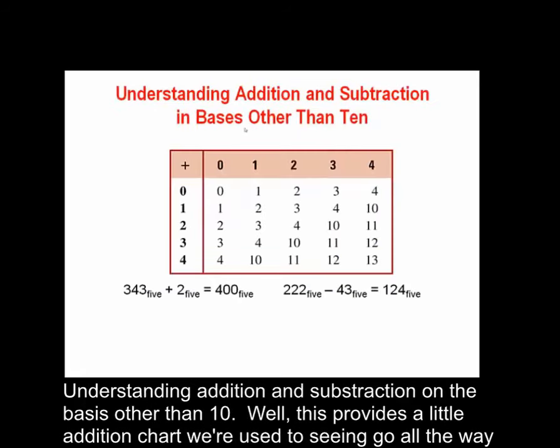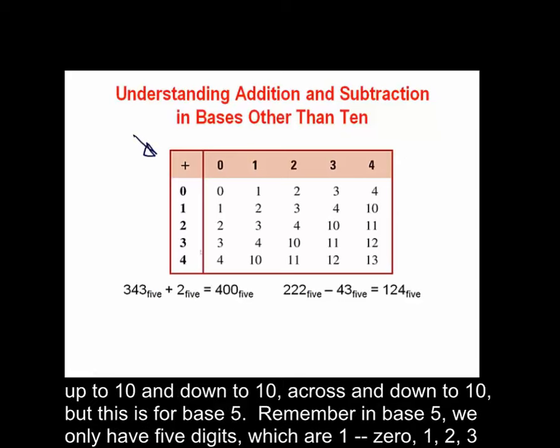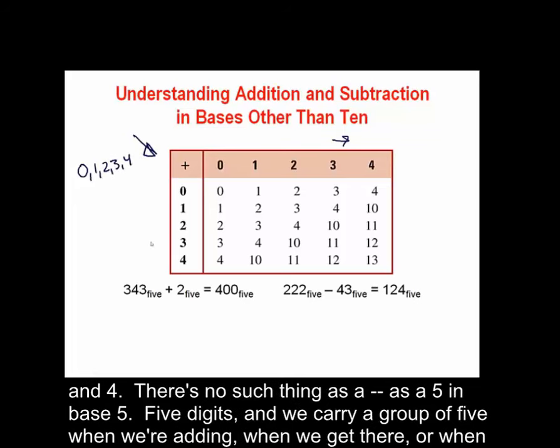Understanding addition and subtraction in bases other than 10. Well, this provides a little addition chart. We're used to seeing it go all the way up to 10 and down to 10, across and down to 10. But this is for base 5. Remember, in base 5, we only have 5 digits, which are 0, 1, 2, 3, and 4. There's no such thing as a 5 in base 5.